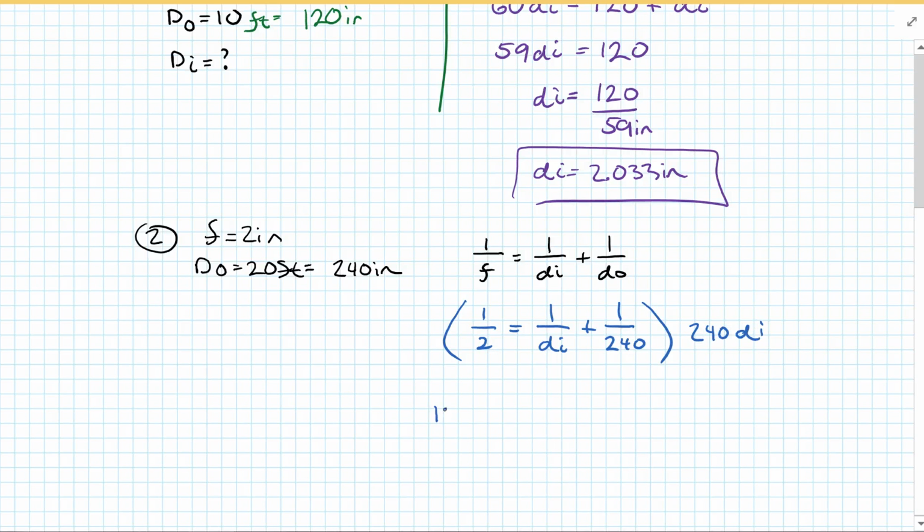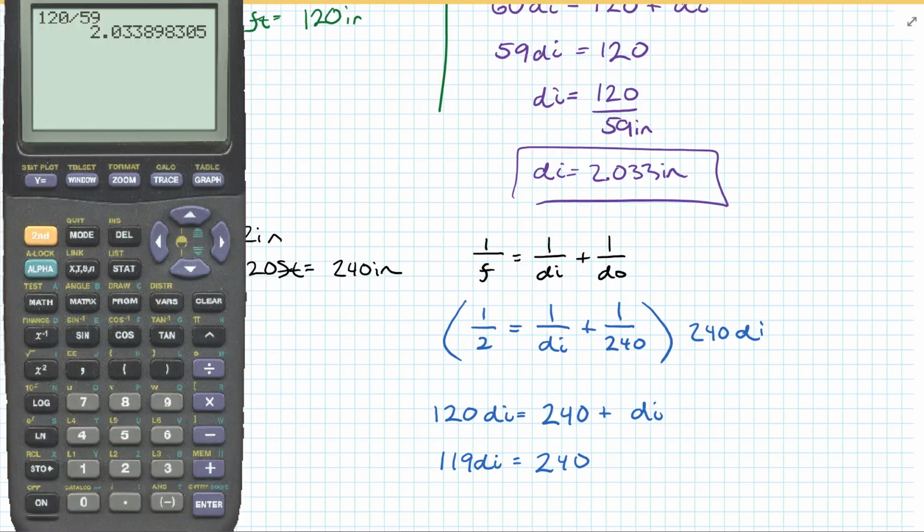So it's going to be 120 DI equals 240 plus DI. So what are you starting to recognize here? It comes to a point where it's always going to be basically 2 inches. So subtract DI from each side, so you get 119 DI equals 240.